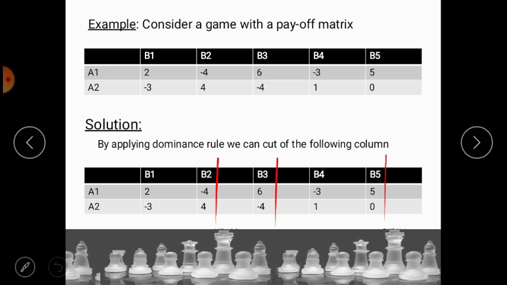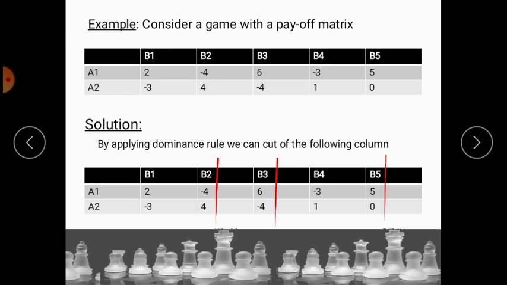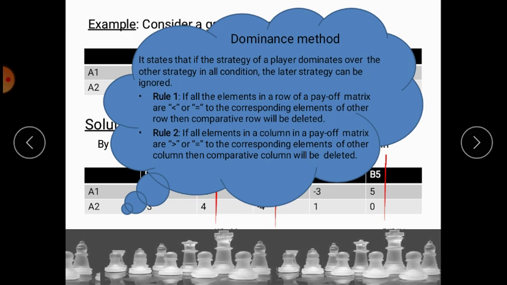Now when we apply this dominance rule here, let us consider column B2. When you compare row wise, rule number 1 says that if all the elements are less than or equal to the corresponding elements of the row, it will be deleted.